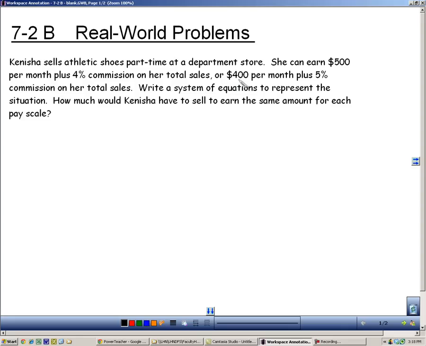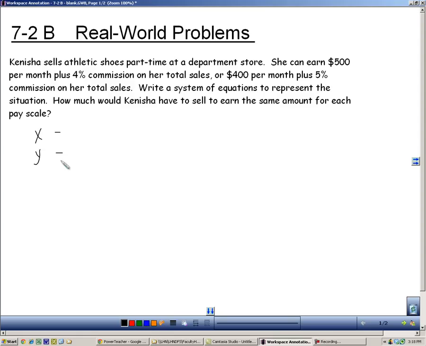Or she earns $400 a month plus 5% commission, and we have to write a system of equations to represent that. Well, we need two unknowns. We need an x and a y, two things that we're looking at here. We're trying to find out how much she makes, so we're talking about her paycheck, and then we also want to know what her total sales are, because that would help us find her paycheck.